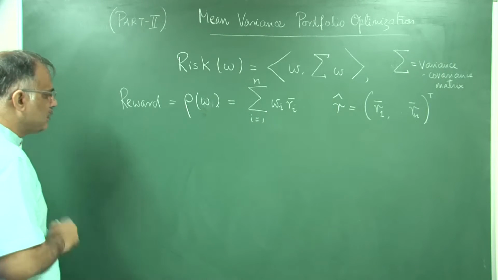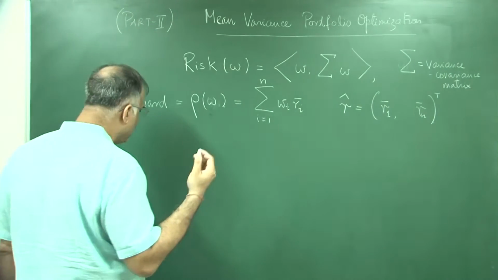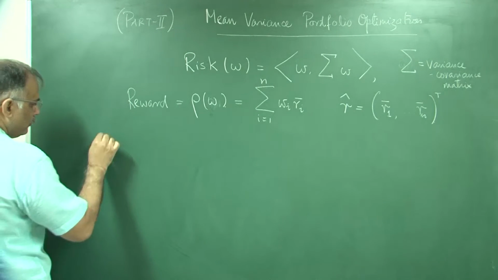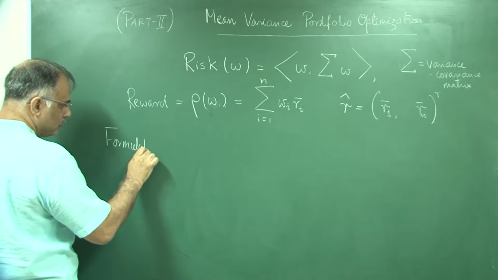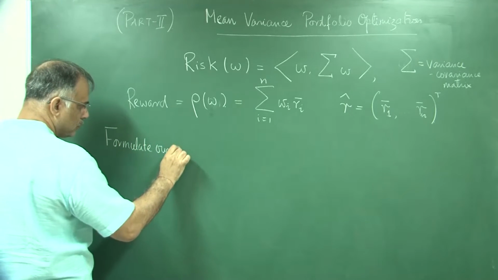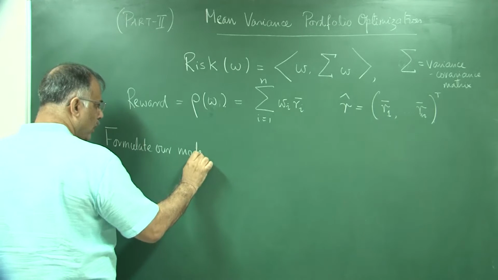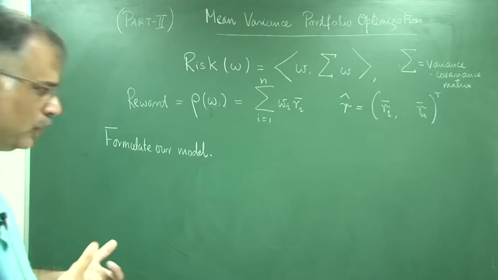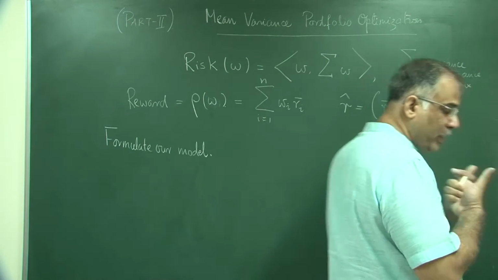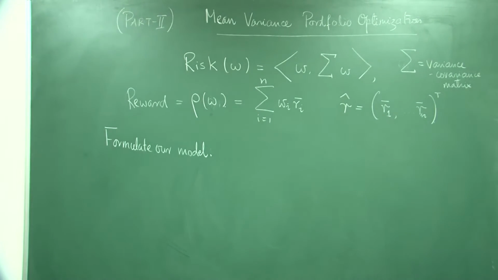Once this is done, how do we formulate our model? One way is in terms of utility, where we define the utility as a trade-off between the reward and the risk.